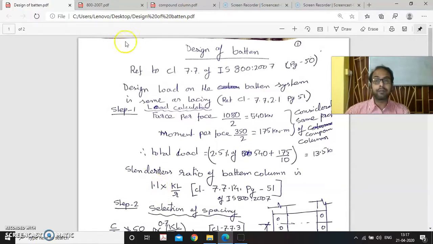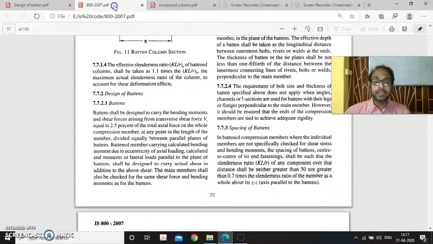So it will be 1.1 times, as shown in the code in page 51, 7.7.4.1. So in case of batten column, we have to check the compressive stress. While checking it, we have to consider the slenderness ratio, which is 1.1 times the actual slenderness ratio of the column. So let us come back.